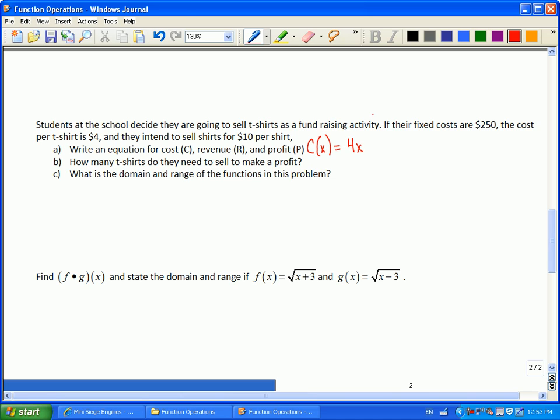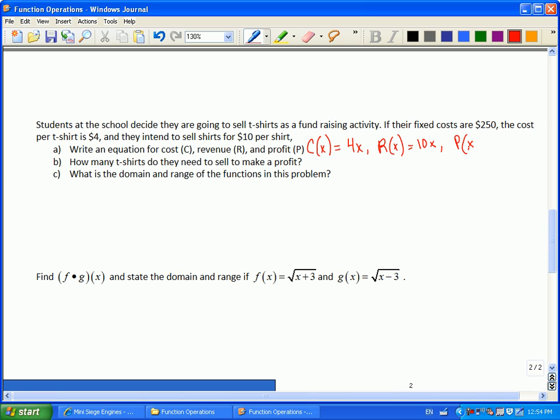So if we want an equation for cost, you give me X shirts, it costs 4 times the number of shirts. Revenue, if you sell X number of shirts, you're going to make $10 per shirt. And the profit you're going to make, well, what do you think?